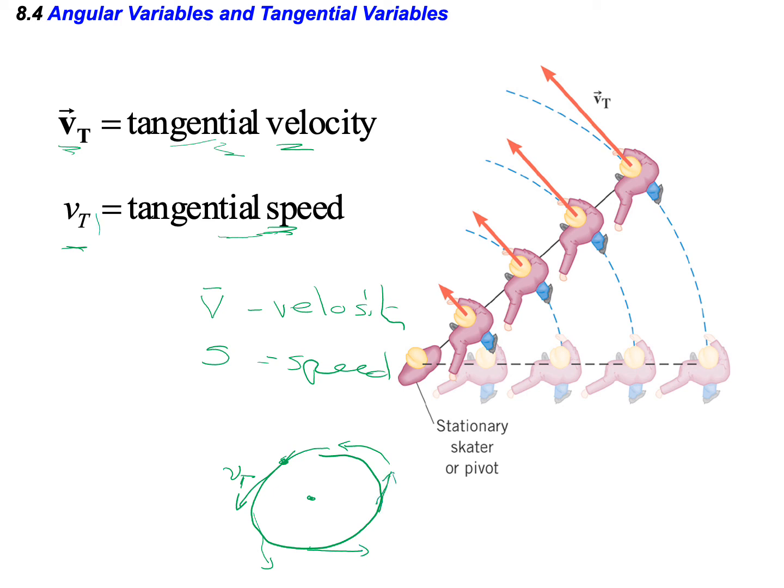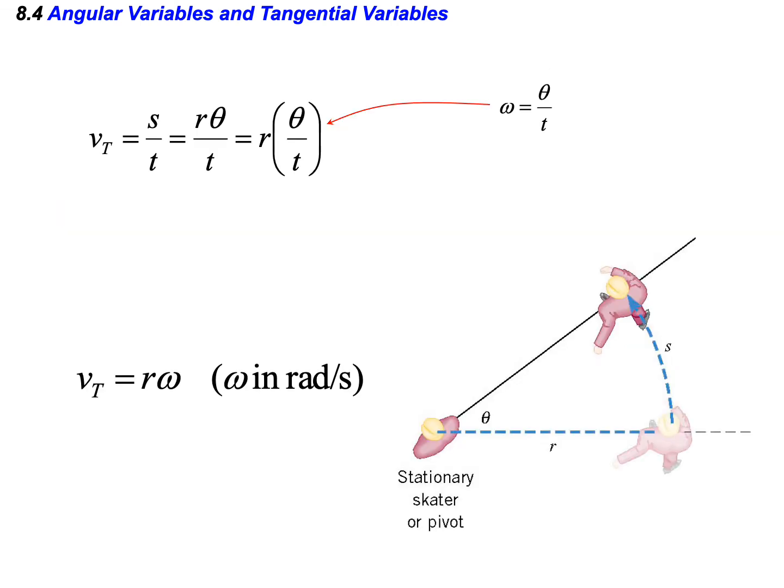So we're going to derive an equation for tangential speed. So we already derived an equation for angular speed in terms of angular velocities and change of angle. This is a linear tangential velocity. Okay, so velocity or speed is distance over time.